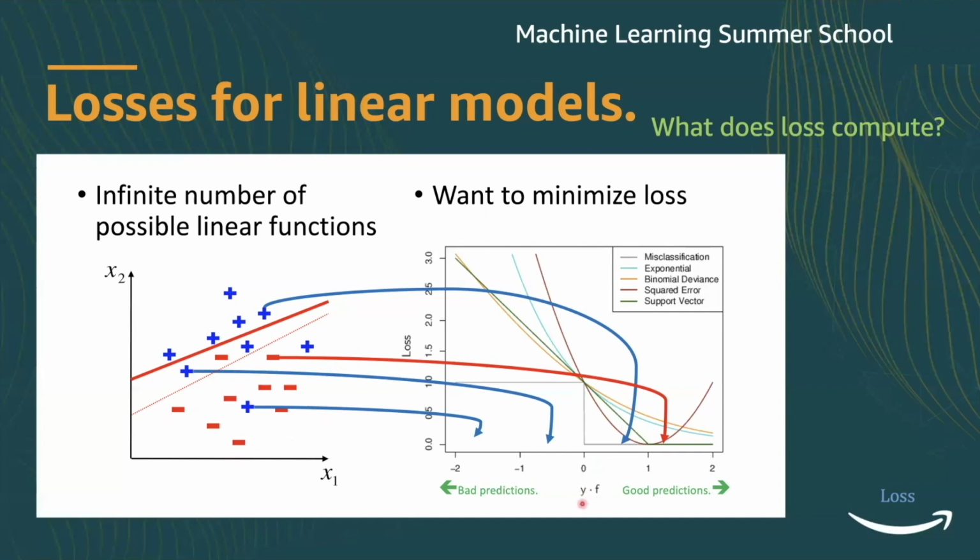For all these points that lie here, y is -1. The corresponding f of x is also -1 here. When you take the sign of f of x, and when you take the product of these two, you get a positive number, and that's going to lie on the right side. So it's a good prediction. The model has predicted this correctly.